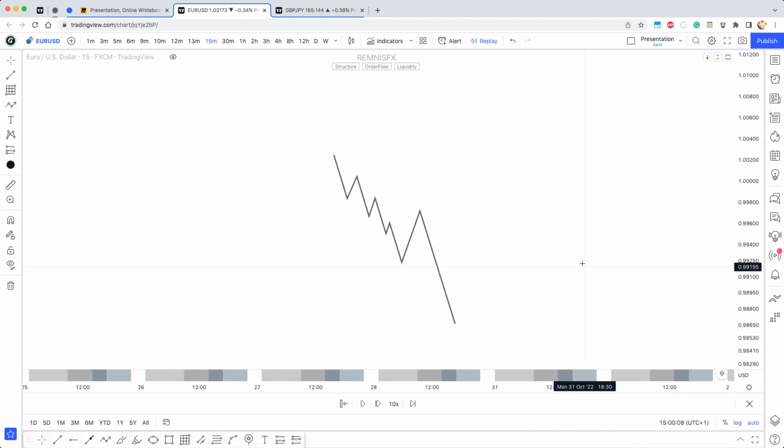Yeah, so again, we are in a bearish scenario, bias, or momentum, however you want to call it. And just to point out very quickly, the areas that I would like to identify as order flow, right?